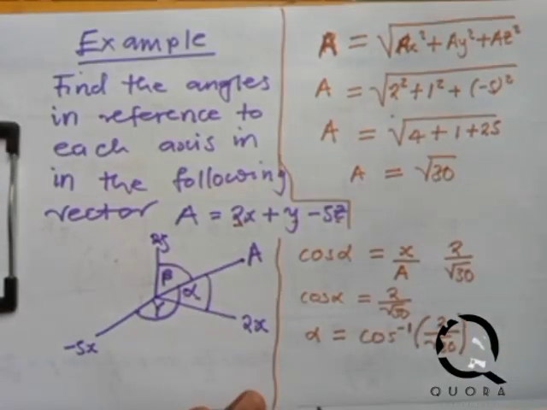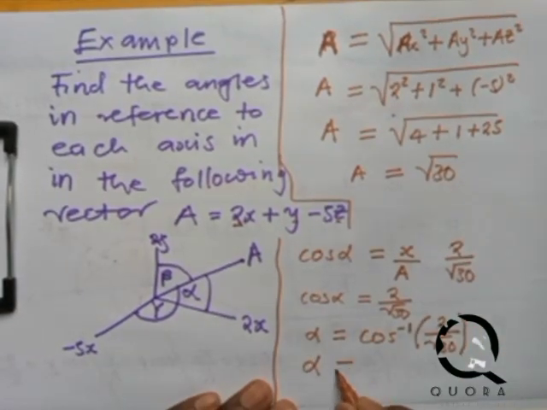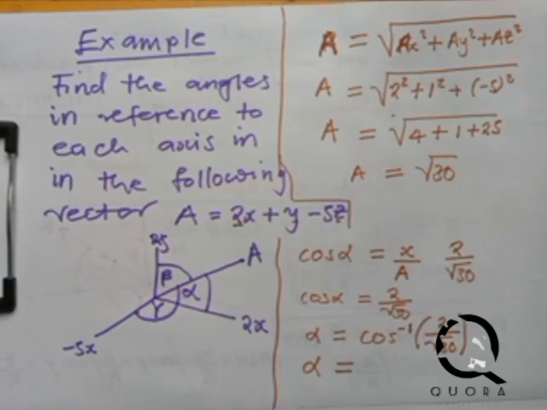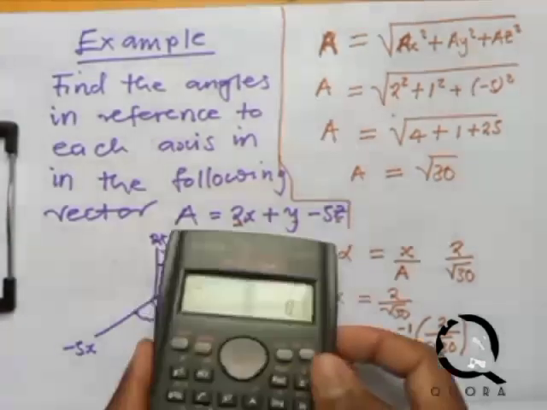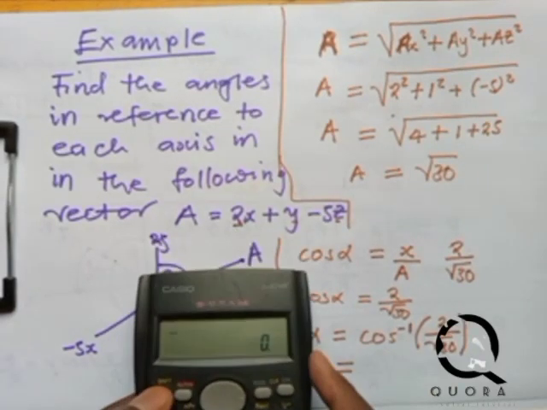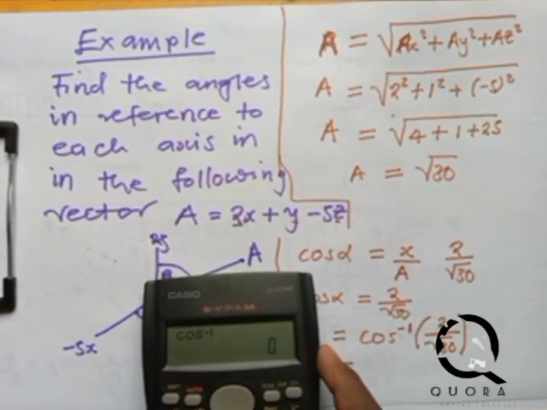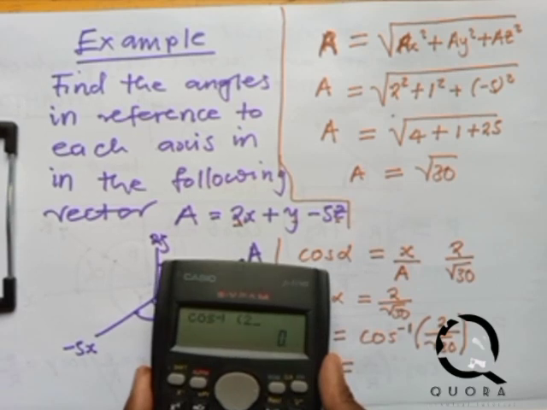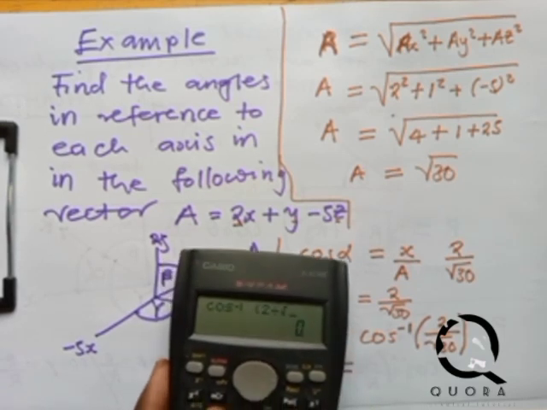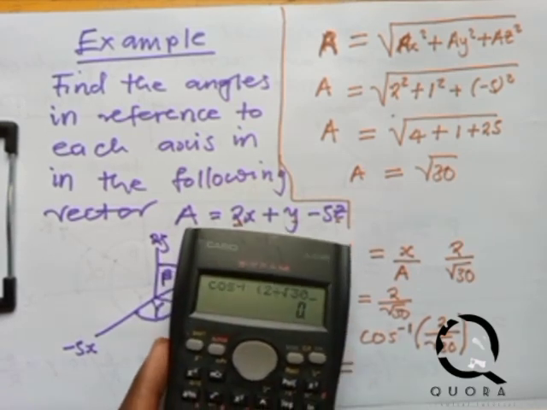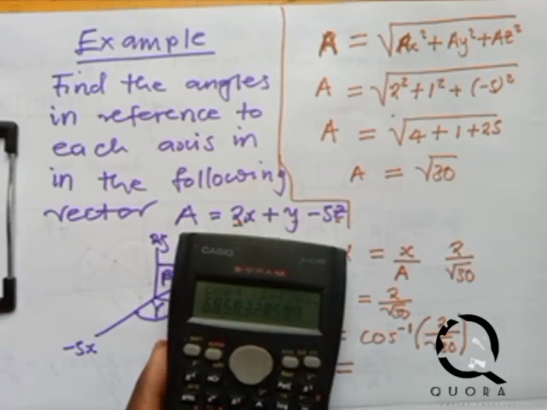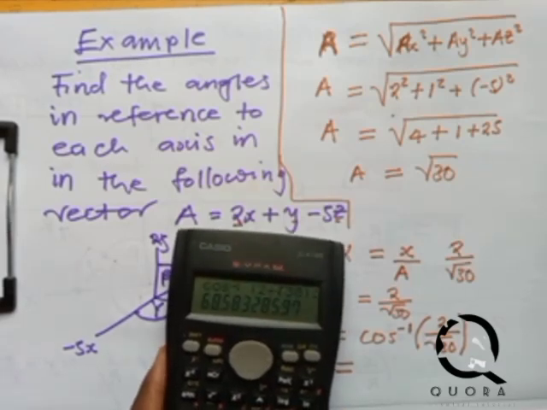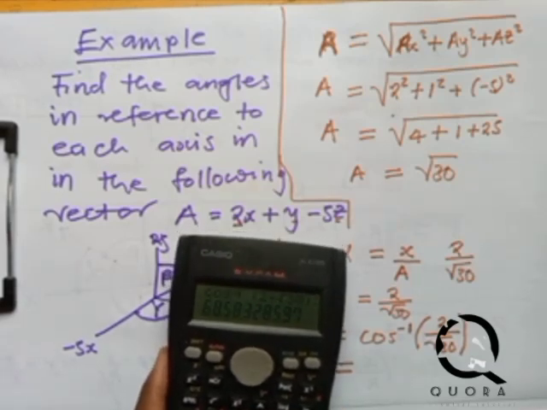We close, meaning that our angle alpha, when punching on the calculator, you can just punch this directly. We are going to say cos inverse, open bracket, 2 divided by square root of 30. I'll say close. Definitely we are getting the answer as 68.58.